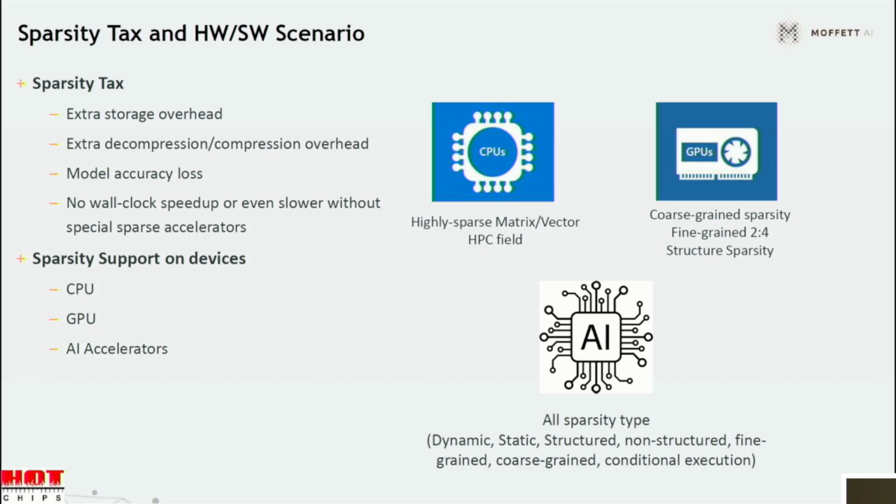For GPU, the recent GPUs like Ampere and Hopper from NVIDIA have fine-grained 2x4 structured sparsity. And for AI accelerators, we can design different accelerators to support very complex, different formats of sparsity types, but it all depends on the hardware tax we want to pay.